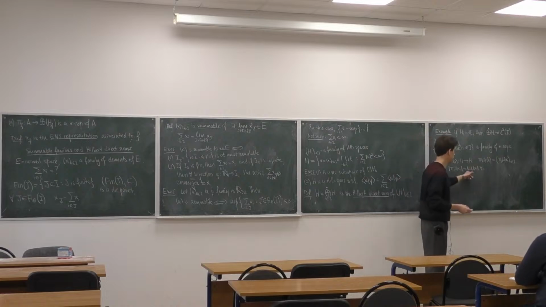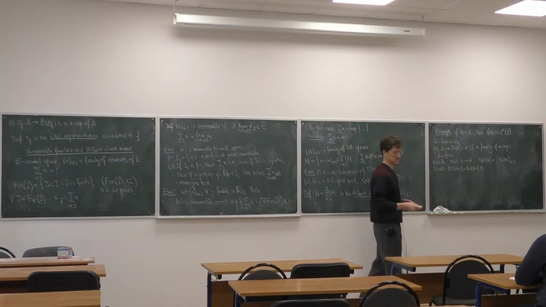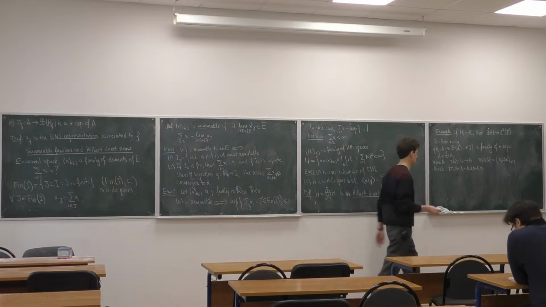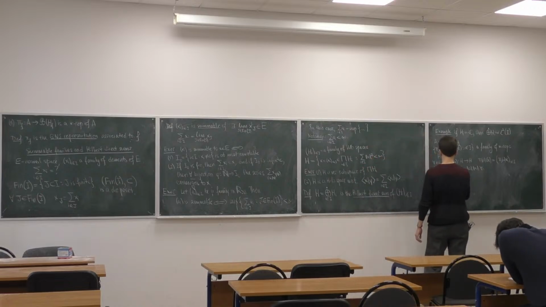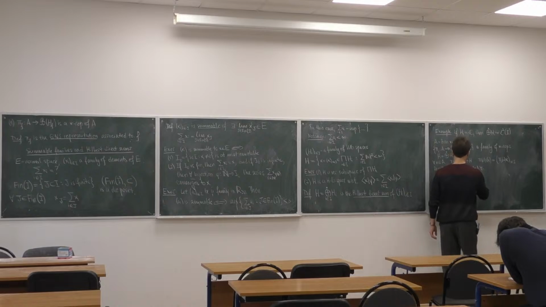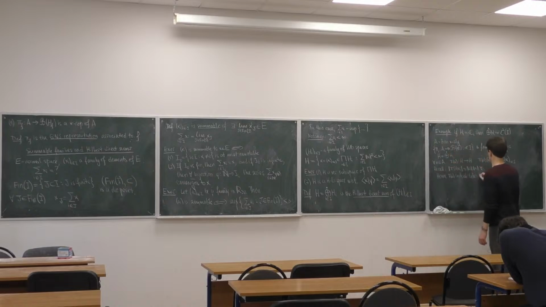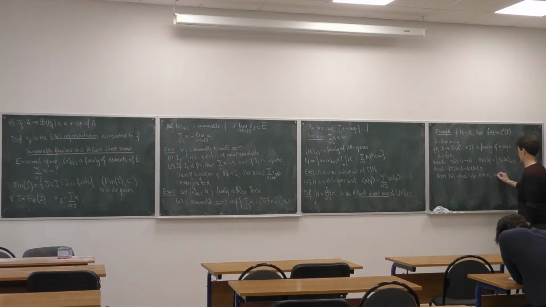So this is a constant, so we multiply a square summable family by a constant, and again we get a square summable family. So we see that pi of a indeed takes H to H, and moreover pi of a is bounded. The norm of pi of a is less than or equal to the norm of a. In particular, pi is bounded.